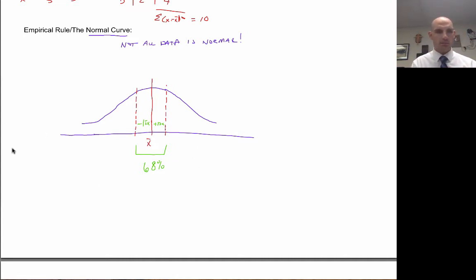As I move out from there, another standard deviation. And I move the other way, another standard deviation, right?